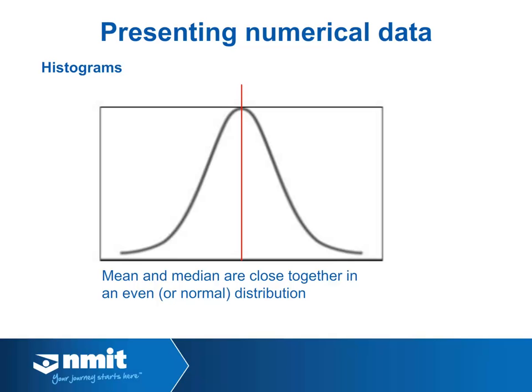If we had an even distribution where the highest frequency occurrences were in the middle and then they petered out either side, so for example most toucan beak lengths were in the middle, sort of a medium length, then we'd get this pattern here. We'd get this nice smooth curve up, peaking in the middle and then going back down again, in which case the mean and the median of this data set would be pretty similar to each other.